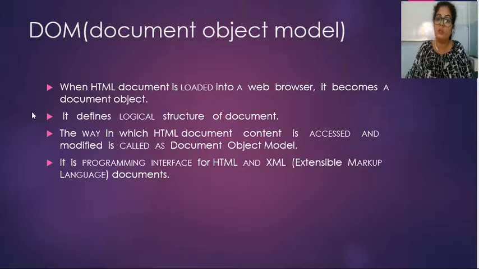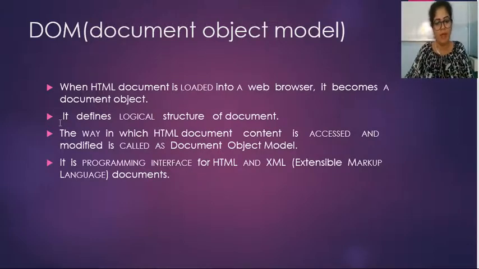It becomes an object of document, because it was previously a normal HTML document. And once you run it using any browser, it becomes a document object. That's why it is a document object model.